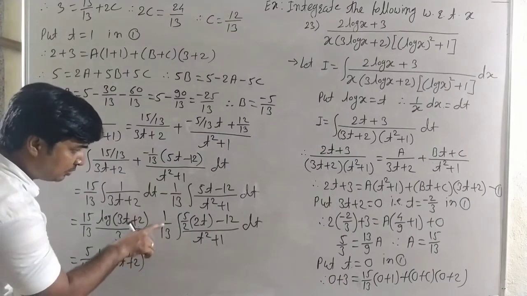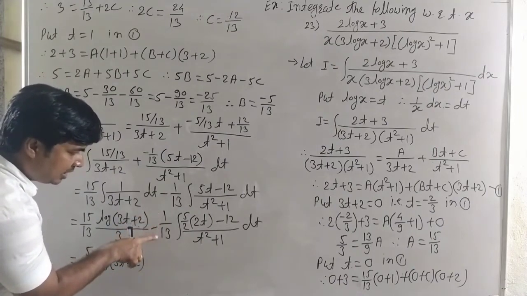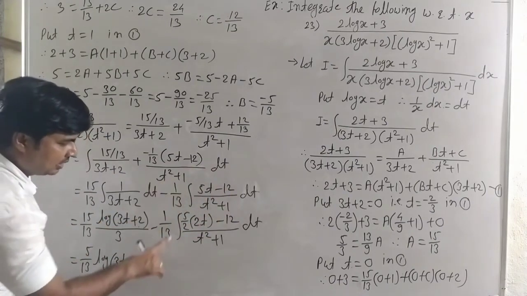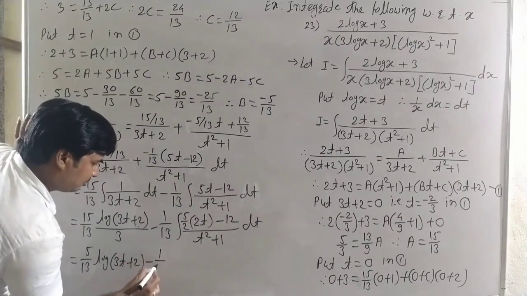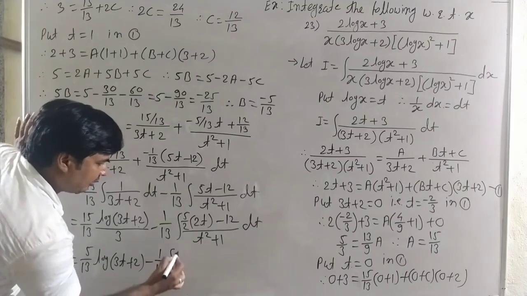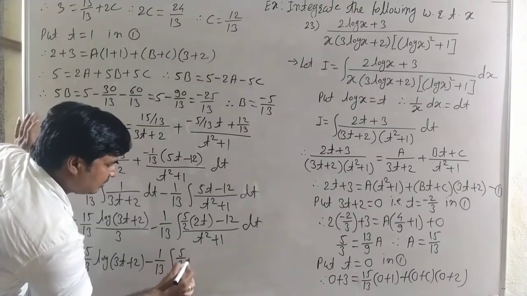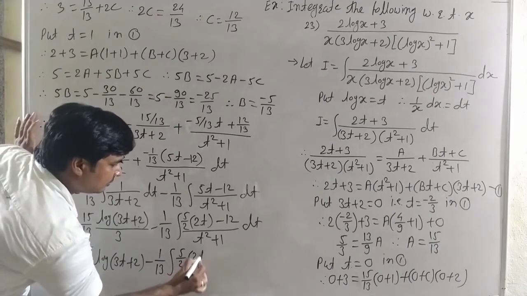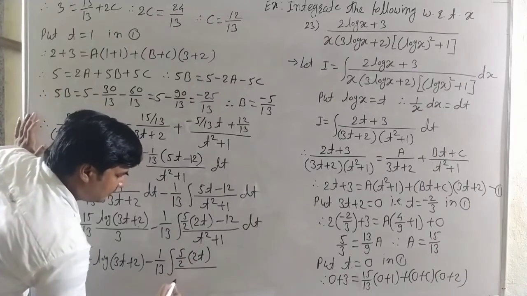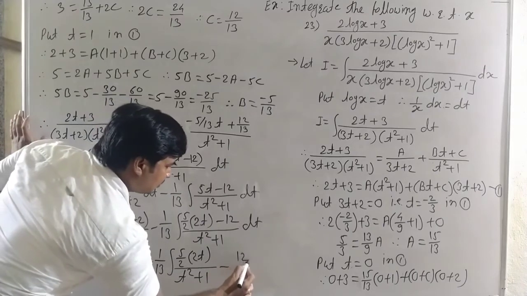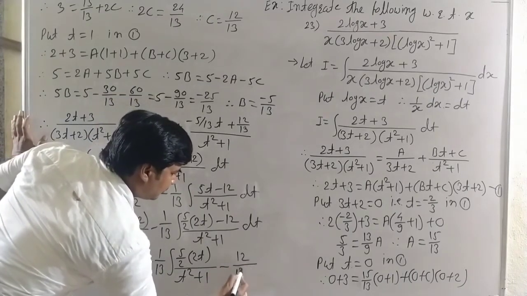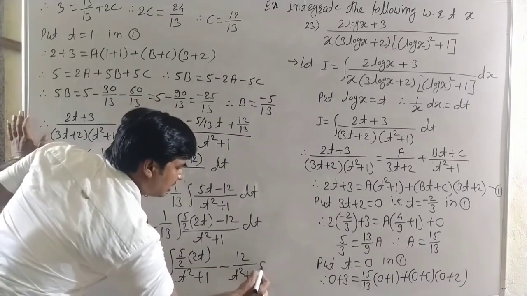And here see carefully, we can multiply this minus 1 by 13 to this integral, or first we separate this and then multiply 1 by 13 into integral of 5 by 2 into 2t upon t square plus 1 minus 12 upon t square plus 1 dt.